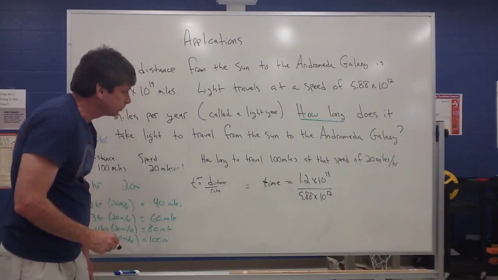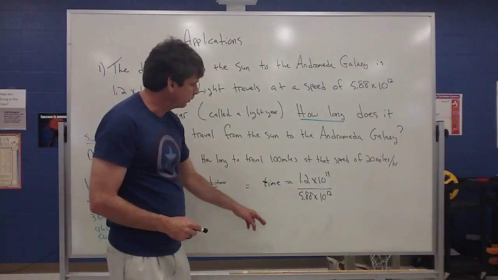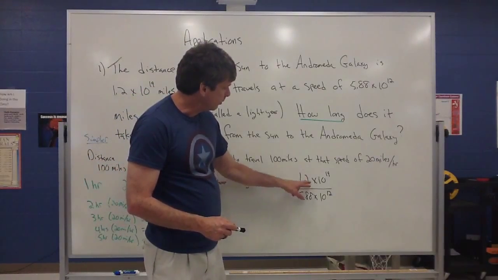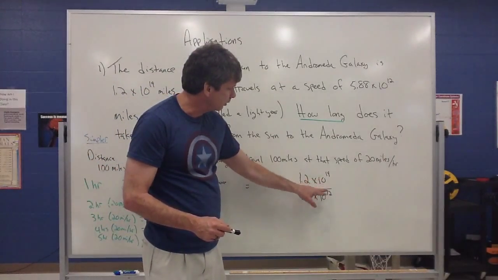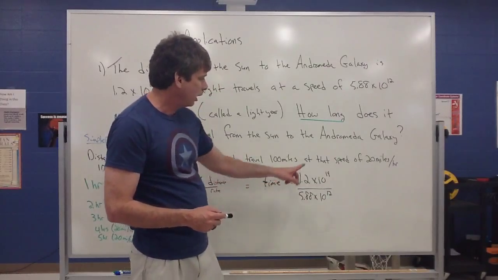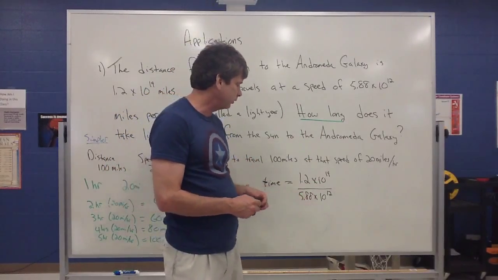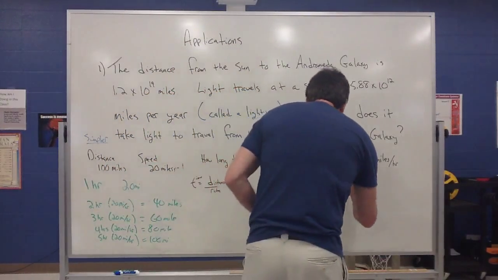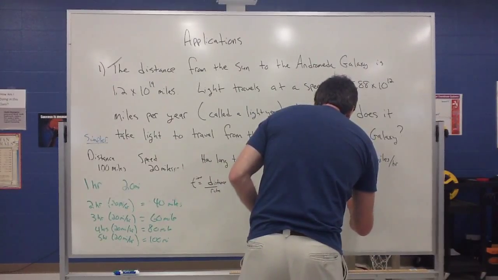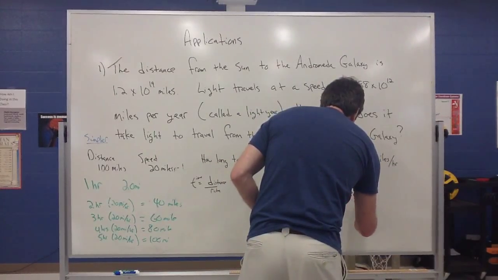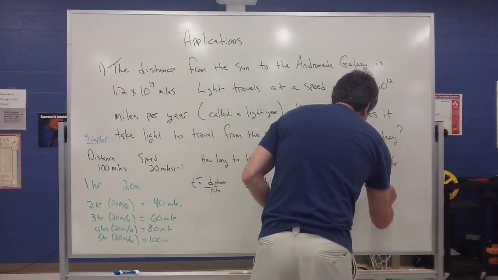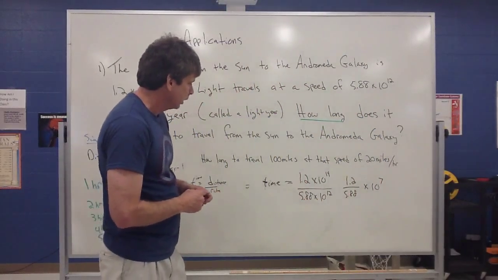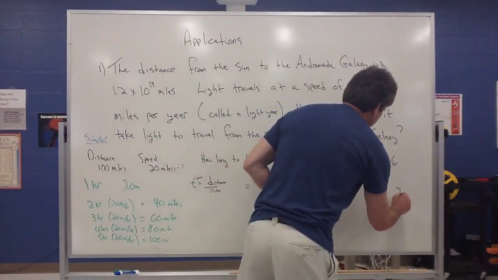So what I'm picking up on is, I can simplify this by 10 to the 19th divided by 10 to the 12th. I can see that's that rule of exponents. That's going to be 10 to the 7th. So what I have is 1.2 divided by 5.88 times 10 to the 7th. And this is going to be in years.